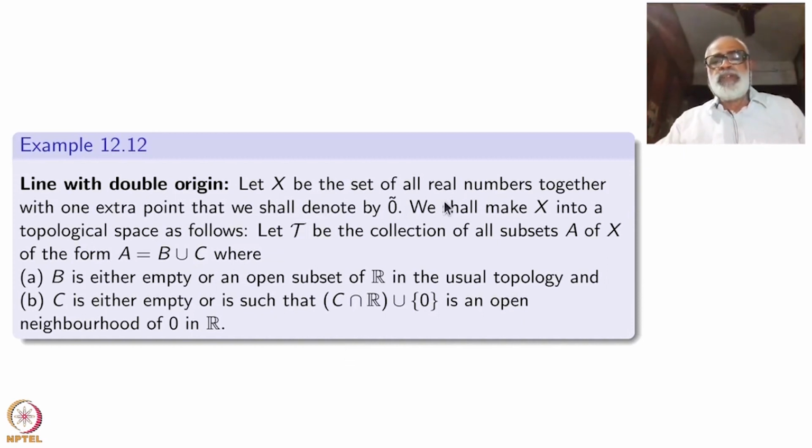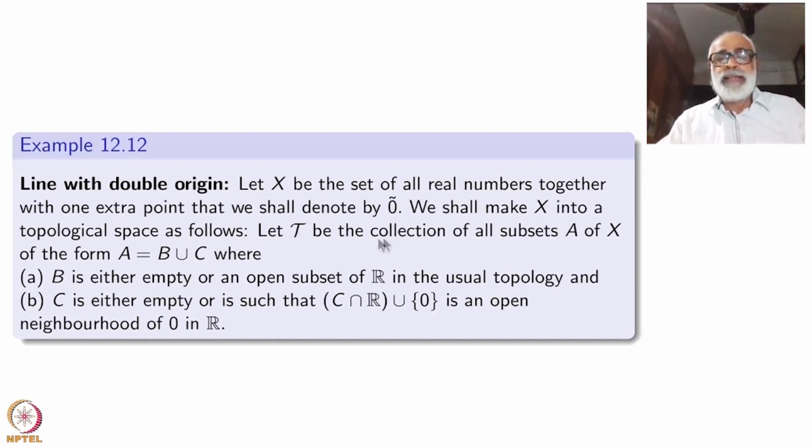Let X be the set of all real numbers, that is the real line, together with one extra point that we shall denote by 0 twiddle. We shall make X into a topological space as follows.